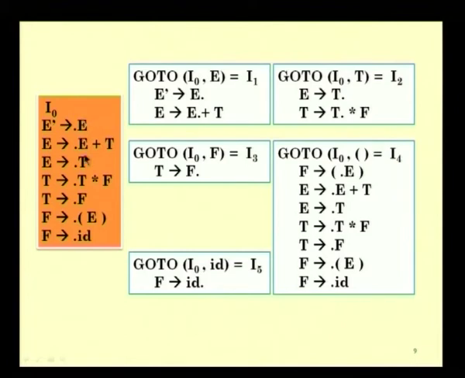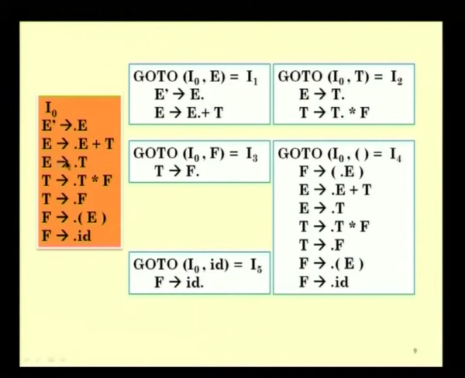Two items qualify. Because of E dash derives dot E, we move the dot to the right of E to get E dash derives E dot, and no more items are possible because the dot is on the rightmost end.